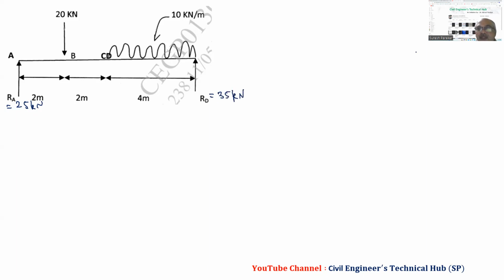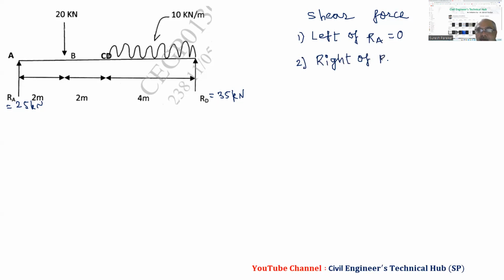Then we will go with shear force. First, left of RA is 0. Then right of RA, that value is 25 kilonewton.